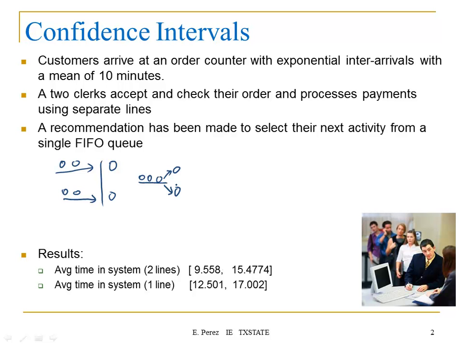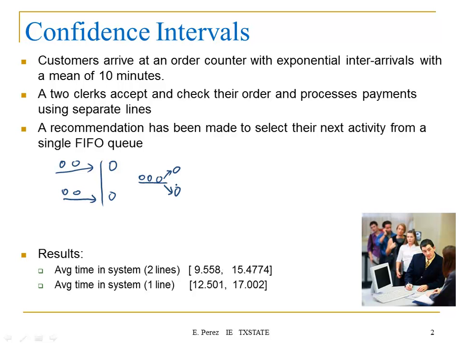We have 2 queues, 2 separate servers. And you wanted to know if you have only one queue to select the customers for the same 2 clerks, would that affect the system performance? And for the system performance, what we were looking at was the average time for the customer in the system. So this is what we started doing.